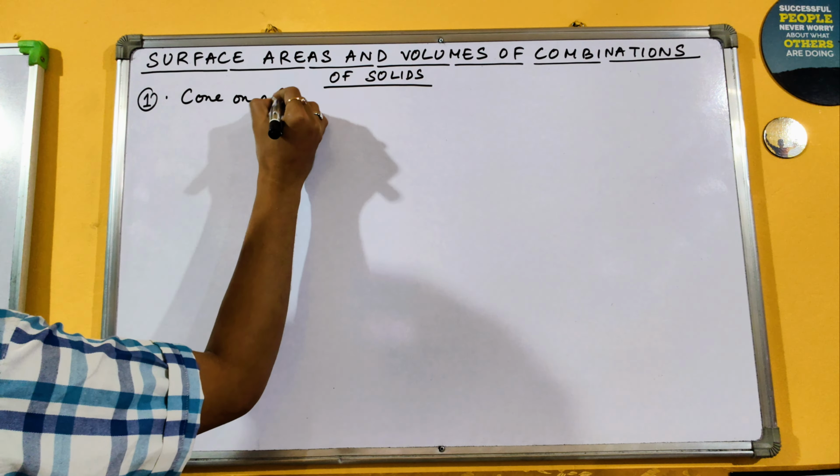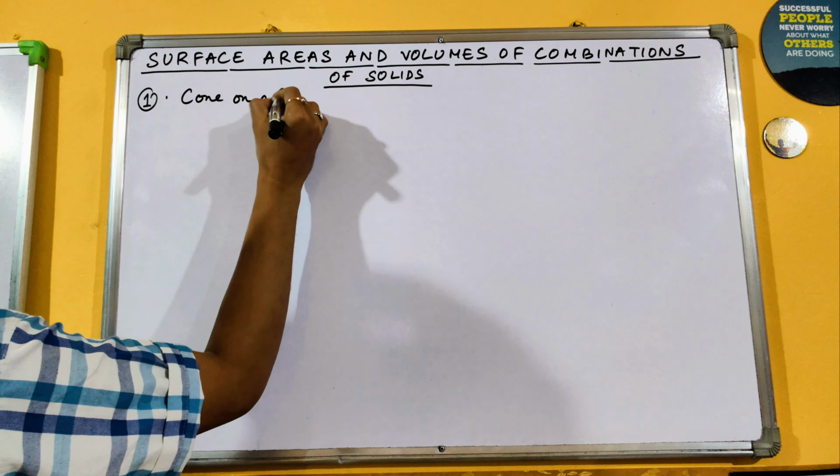Let's draw a cylinder like this. This is also the base of the cylinder. Let's draw the height of the cylinder. It's a right circular cylinder, which means the height is perpendicular to its base. So this is the center, that's the radius. Let us give the radius as r.